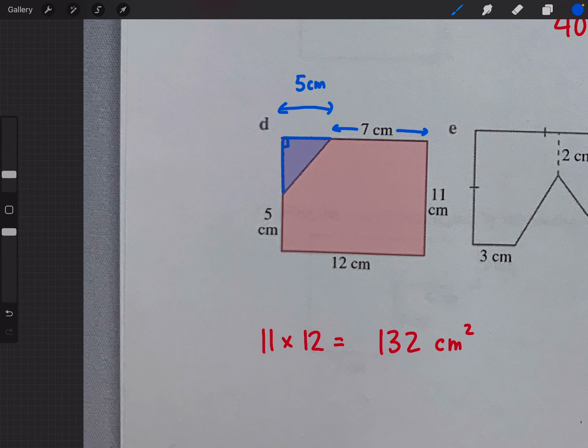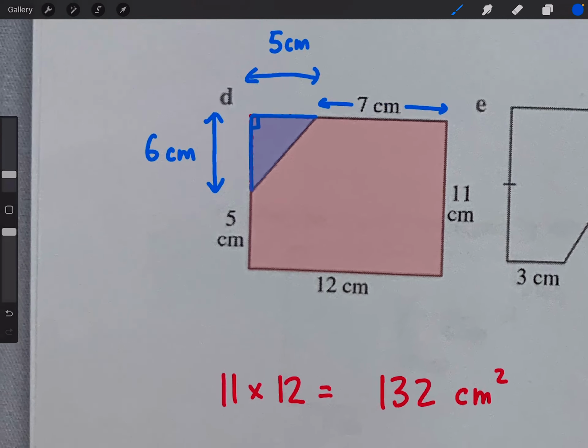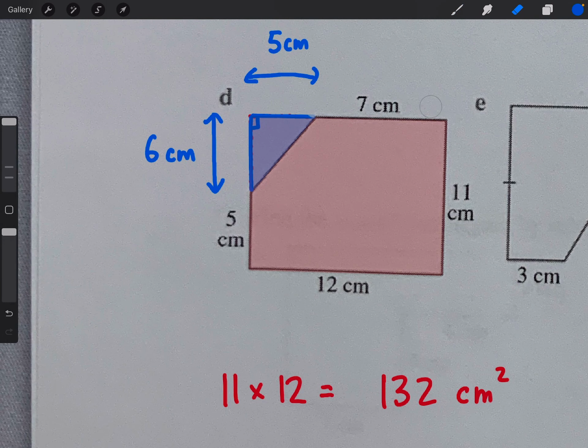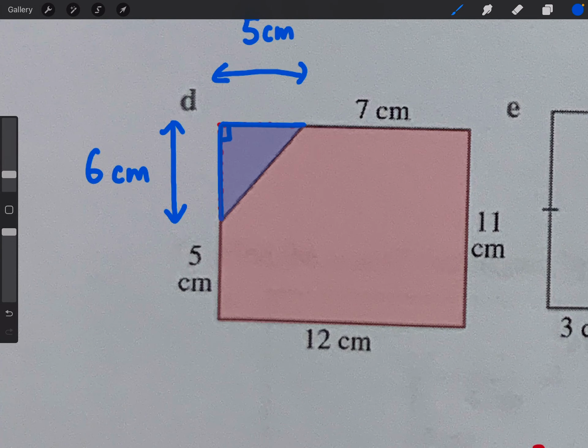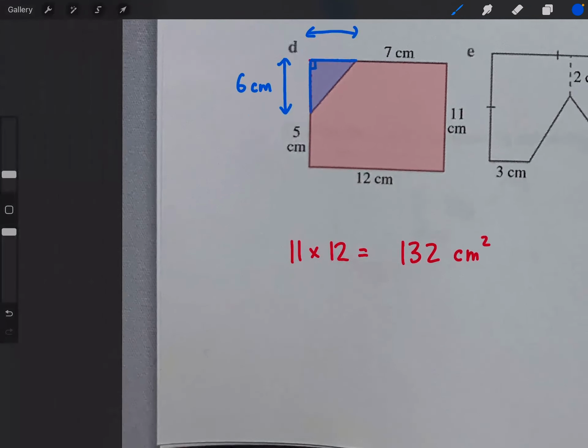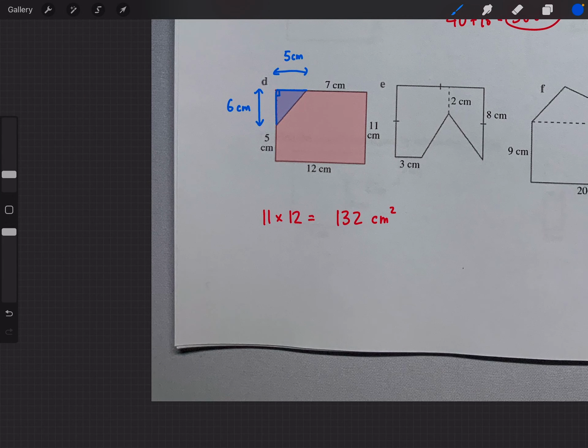And this distance here must be 11 take away 5, which is 6 centimeters. Alright, so now we know the lengths of the two perpendicular sides, so we multiply them and divide by 2. So 5 times 6 divided by 2 gives the area of the triangle, which is 5 times 6 is 30, 30 divided by 2 is 15 centimeters squared.